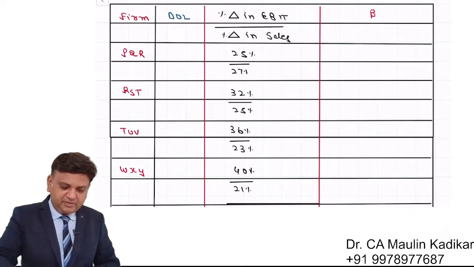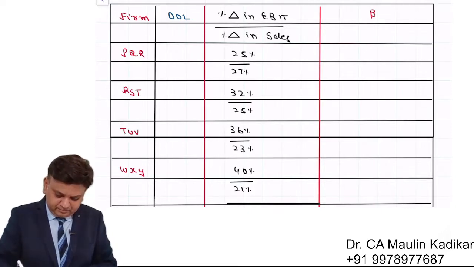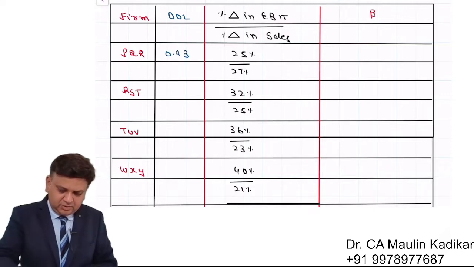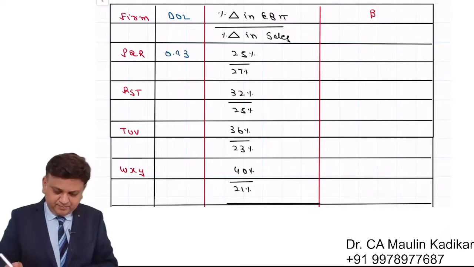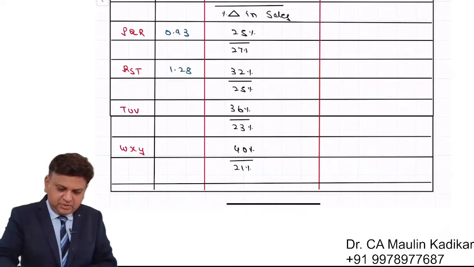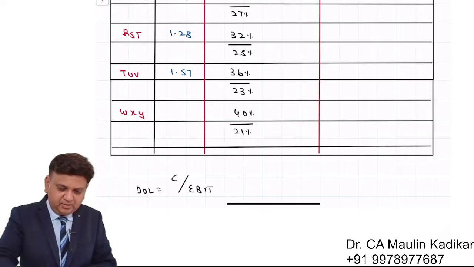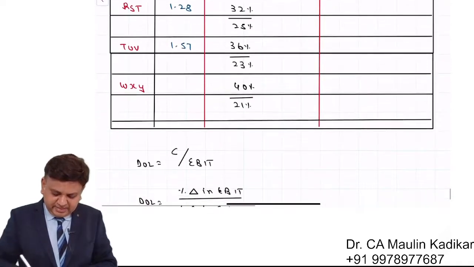So 25 upon 27 is 0.9259, that comes to 0.93. 32 upon 25 is 1.28. 36 upon 23 is 1.57. 40 upon 21 is 1.90.